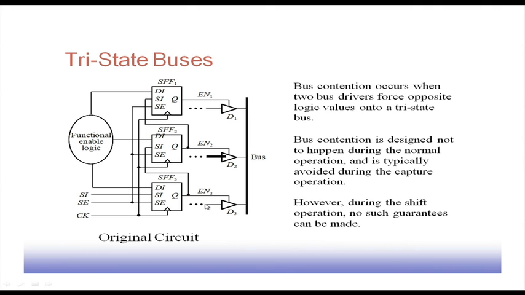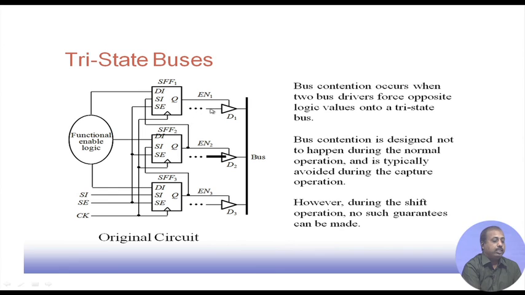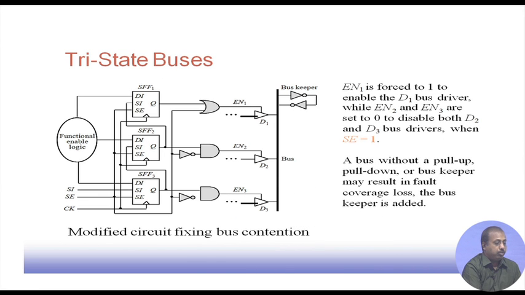Maybe in the normal functional mode of operation, the designer has done something so that these tri-state buffers will not be driven at the same time. But for the testing mode of operation, we cannot rely on what has been done at the design level, so we need to modify it.